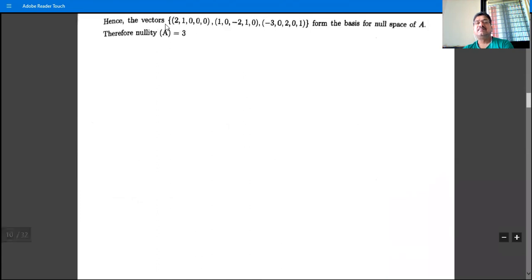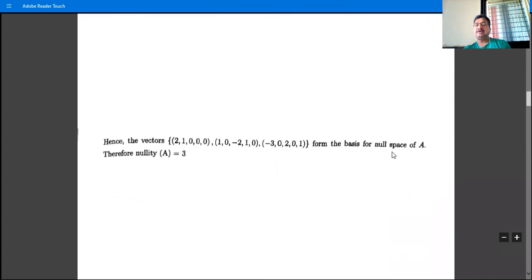And this set, written in curly brackets, is the basis for the null space of A, and the basis for the solution space of the system Ax equals 0. And there are 3 vectors in this basis.